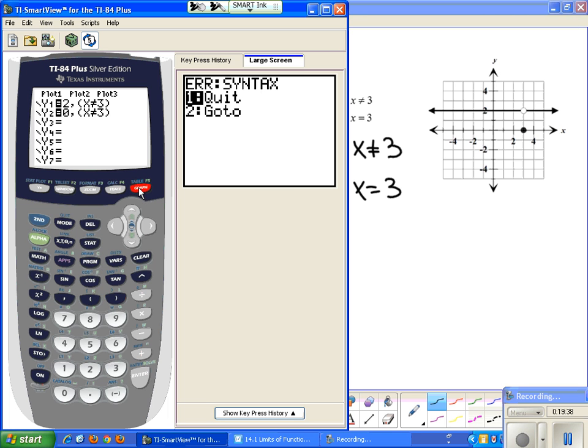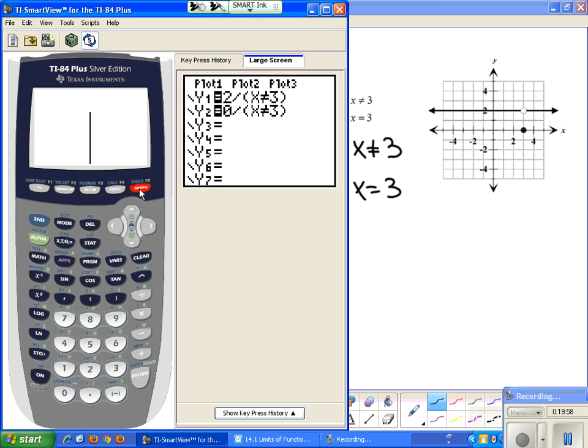Now if I hit graph here, oops. I missed, I'm sorry, it's not the comma, it's the division symbol. I forgot. So we'll fix that. So put the division symbol to do that. I was thinking of my other program.